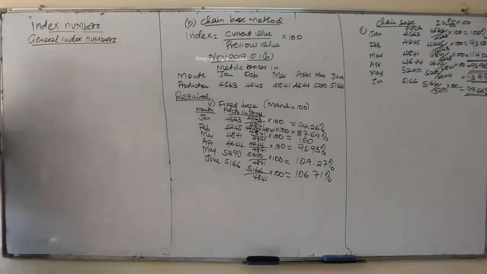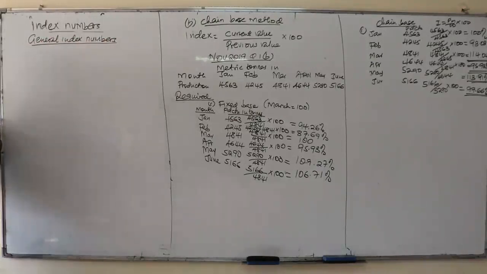For the simple index number, we say that an index number is said to be simple if it involves only one commodity. Now for the general, if it involves more than one commodity, it is said to be a general index number.